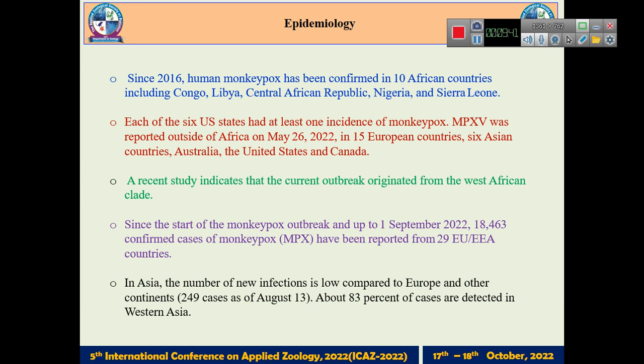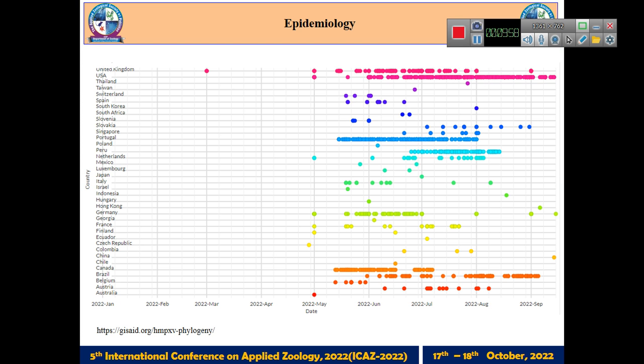In Asia, the number of new infections is low compared to Europe and other continents. 249 cases as of 30th, I guess, about 86% of the cases are detected in Western Asia.